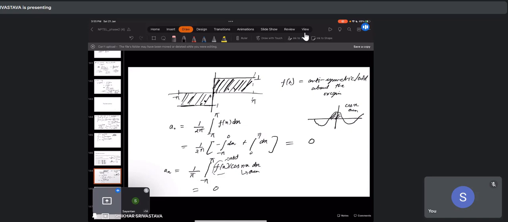So what I mean is that whenever you get an odd function, or this kind of antisymmetric function, in that case the coefficient a naught is equal to 0 and an is also equal to 0.